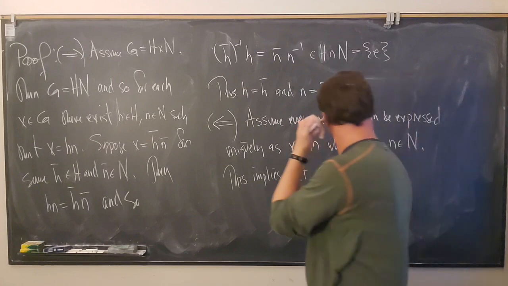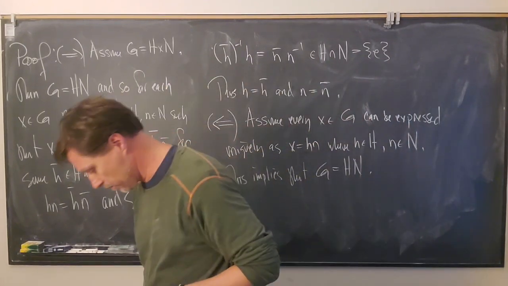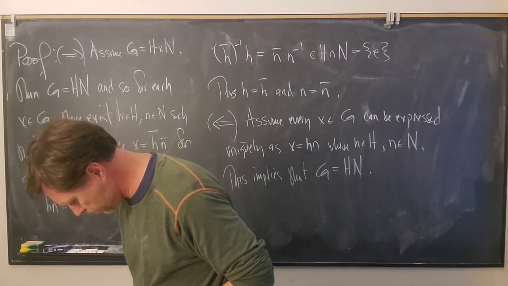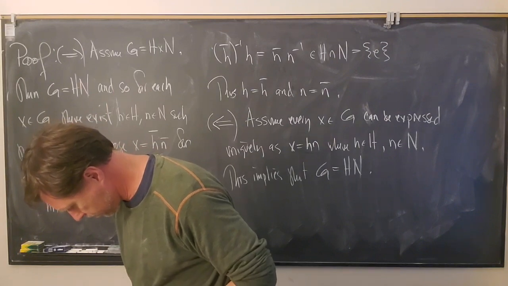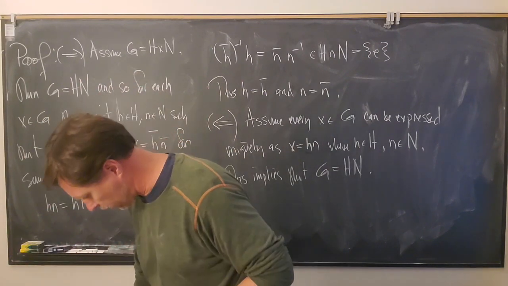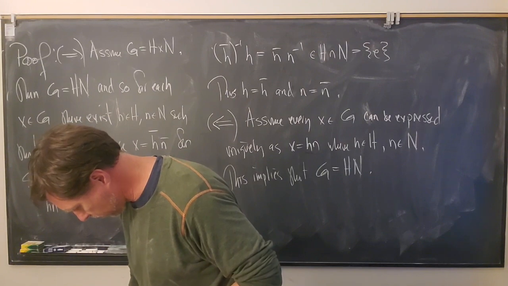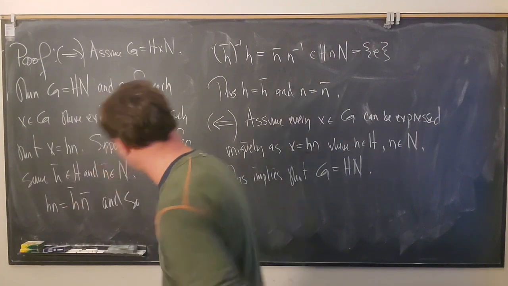Now we need to show that they are normal. Oh, I'm sorry. We assumed they're normal. Never mind. I need to show that the intersection is trivial.